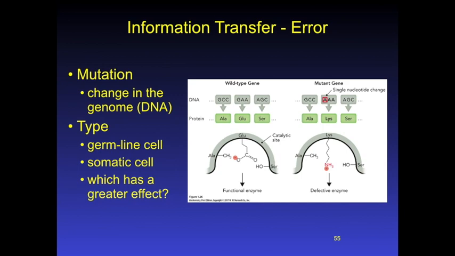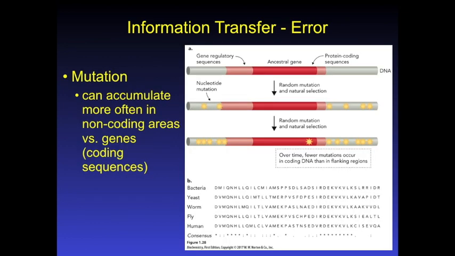But a germ cell is what's propagated into the permanent transfer of information. Now, we have mutations all the time. Most of the time they're in somatic cells, and so it isn't as bad. But if you do get a mutation in the germline, that will propagate. Now, mutations can occur, and they can be good, bad, indifferent.